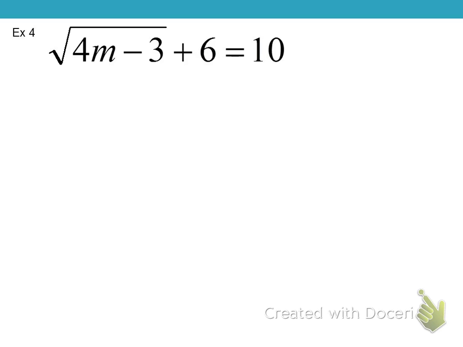Now, what were you trying to do? Oh, like the -3 and the +6? Yeah, you can't combine those because one's in a radical, one's not. What we want to do is get rid of the parts that aren't within the radical. Subtract 6 from both sides.